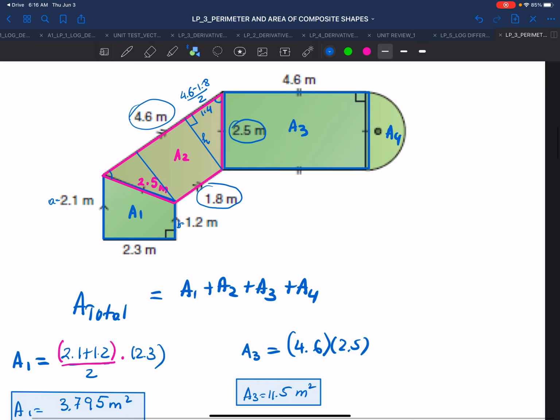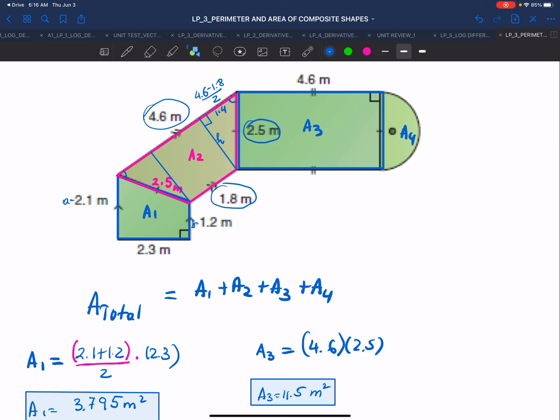The last shape, A4, is the shape of a semicircle, which is pi r squared over 2. And the radius would be equal to 2.5 divided by 2.